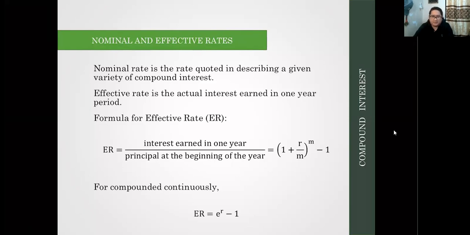Why is there an effective and a nominal rate? Let's say we borrowed money worth 1,000 pesos, with an interest of 6%, compounded quarterly.